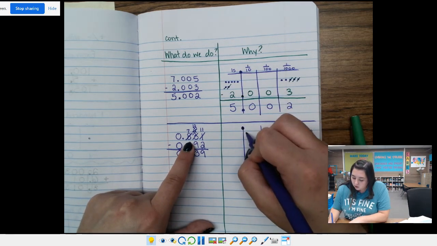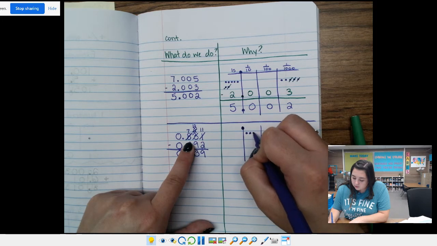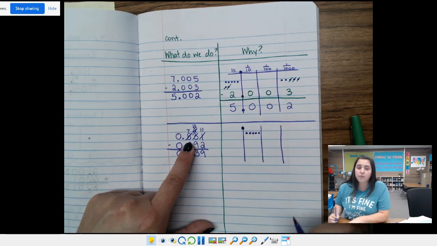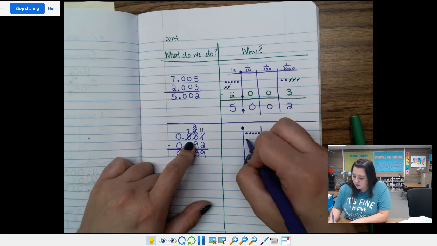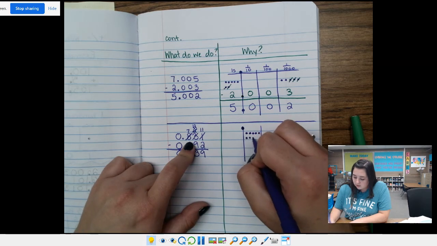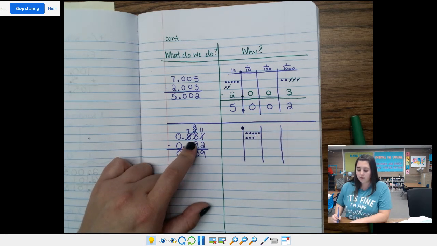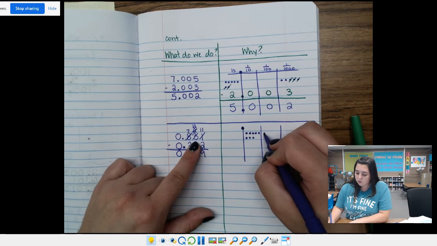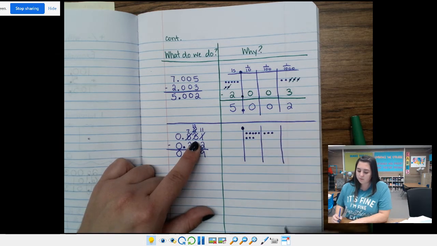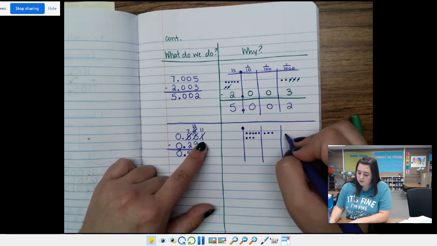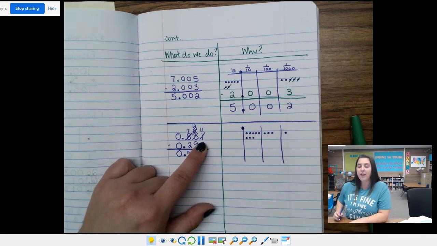So I'm going to draw 1, 2, 3, 4, 5. Remember, we make rows of 5. 6, 7, 8. I had 3 in the hundredths. 1, 2, 3. I have 1 in the thousandths place.